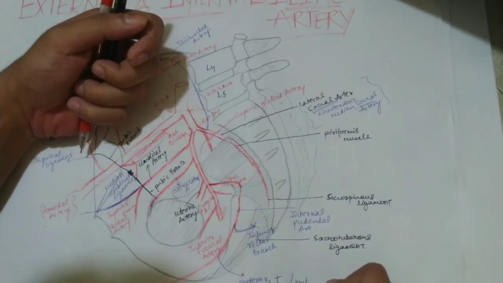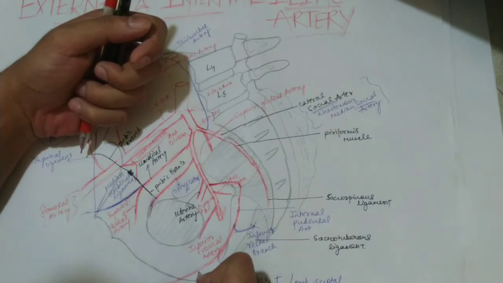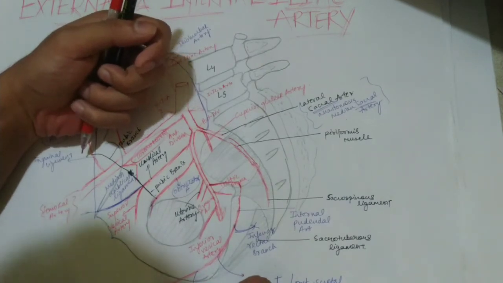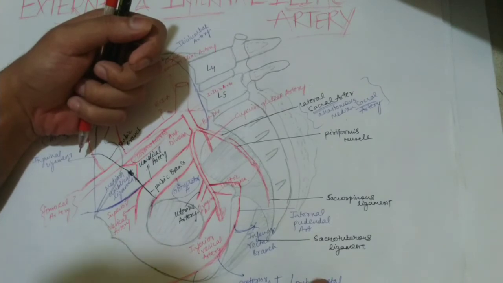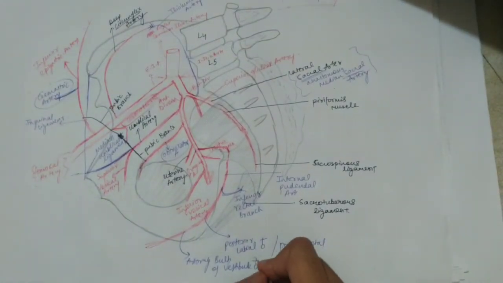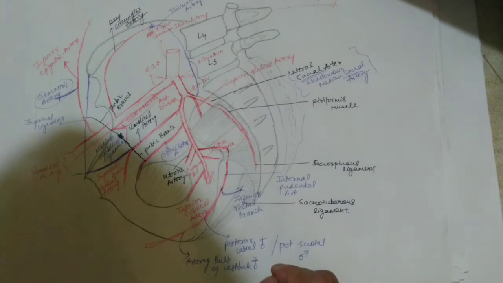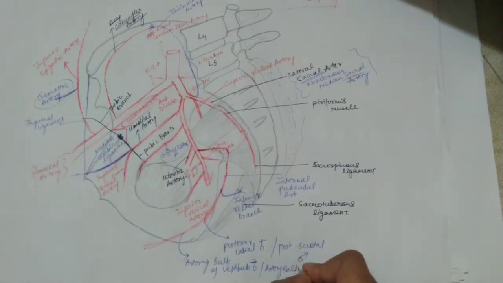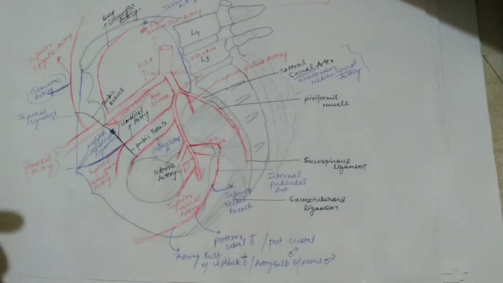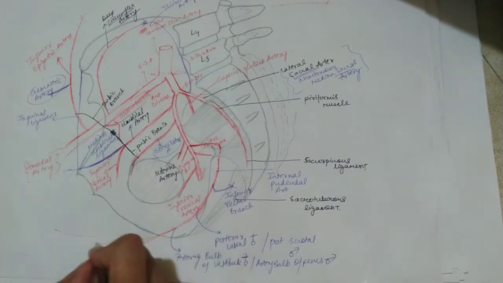Another branch is the artery to the bulb of the vestibule in females, and the artery to the bulb of the penis in males. So these are the branches, and further it goes forward.